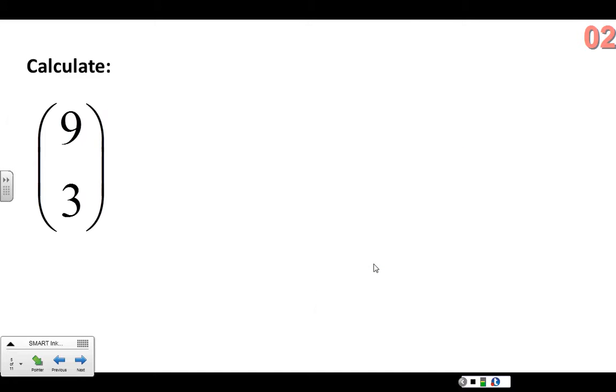9 choose 3 would be calculated as 9 factorial divided by 3 factorial, and then the difference, 9 minus 3, would be 6 factorial.